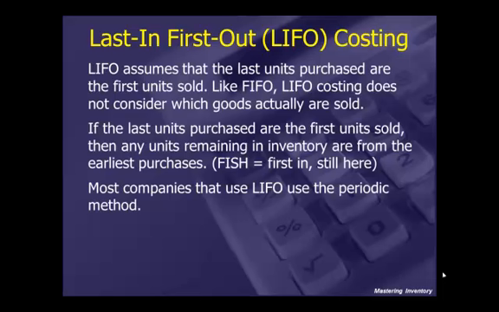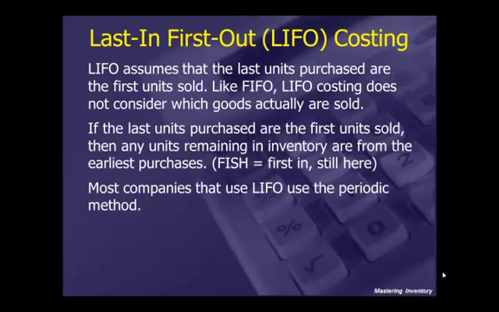If the last units purchased are the first units sold, then any units remaining in inventory are from the earliest purchases. The acronym we have is FISH, first in, still here.